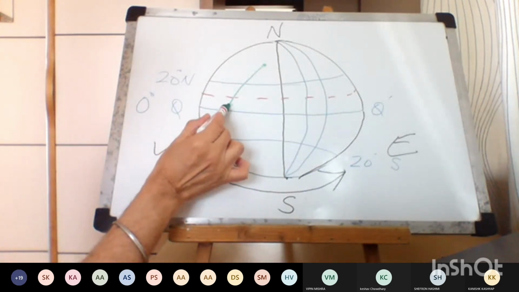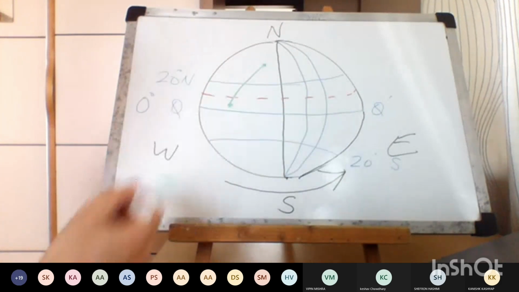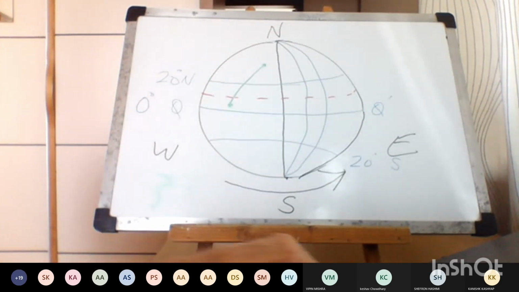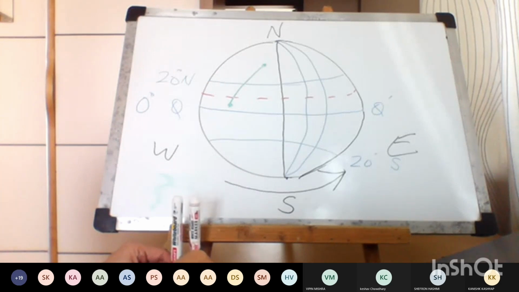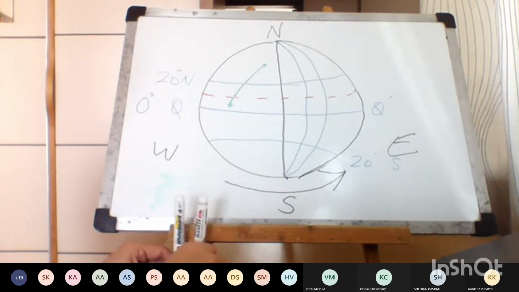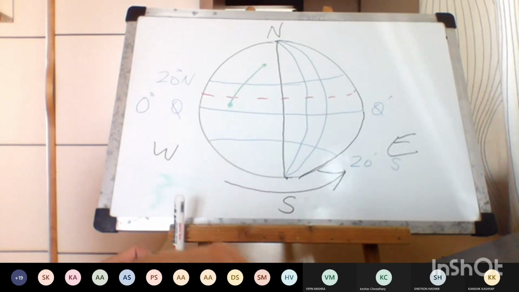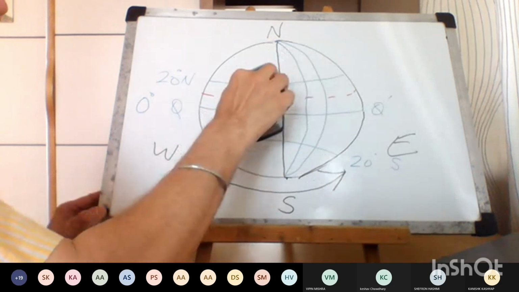But if I take a point here and a point diametrically opposite on the other side of the sphere, then you can make as many great circles as you want. This point is clear? Okay, very good.